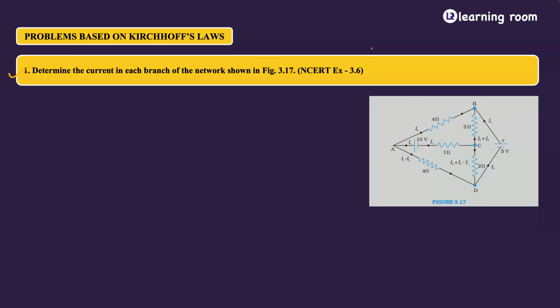For that, there are 2 cells, one of 10 volt and the other of 5 volt. So you take the main current to start from the bigger voltage. Let the current be I1. This I1 is traveling towards the junction A and it gets split into 2 different parts.